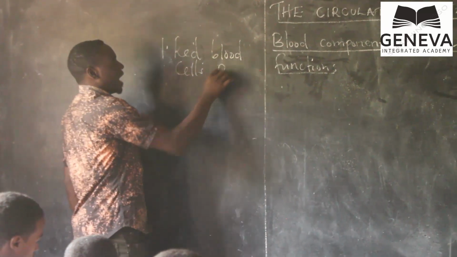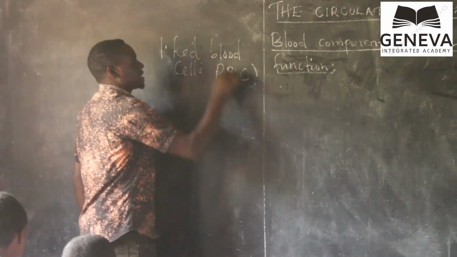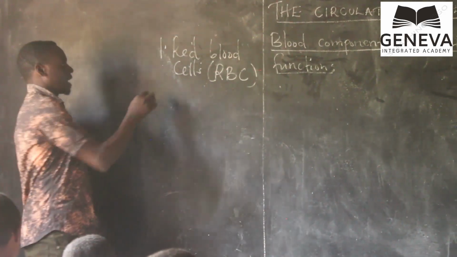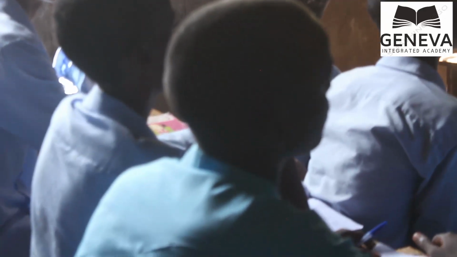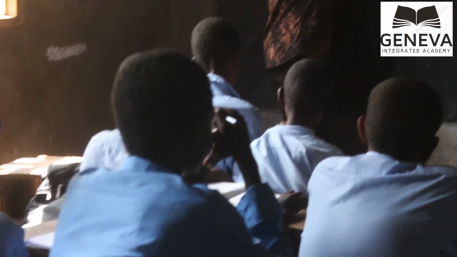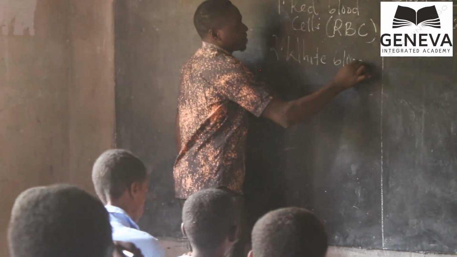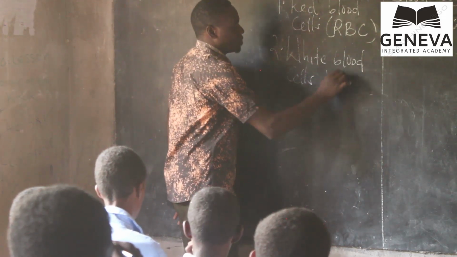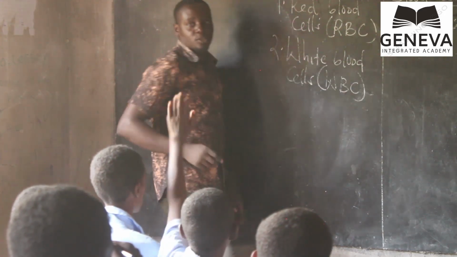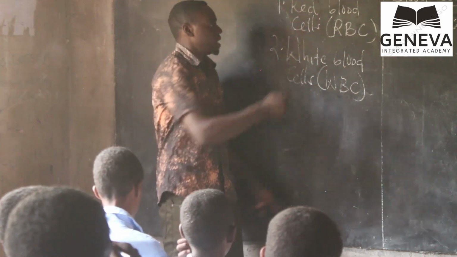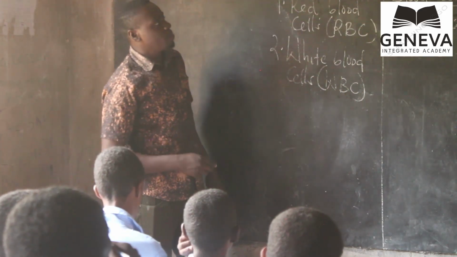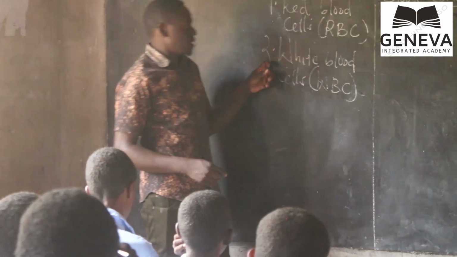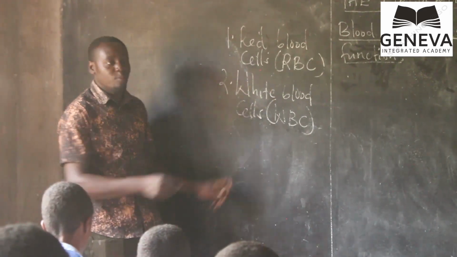In short, you can say RBC, that's the red blood cell. Anybody who knows another one? Yes, Fatah. White blood cells, which you can say WBC. So when you see WBC in the components of blood, it is white blood cell.